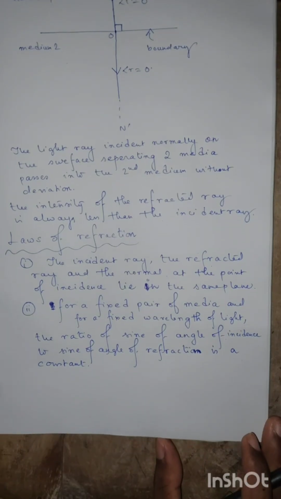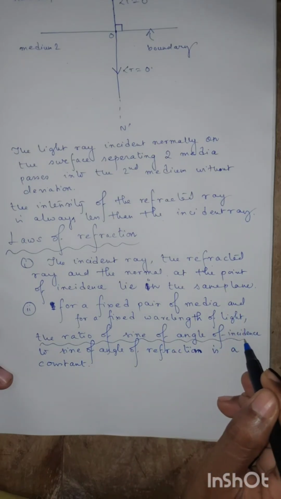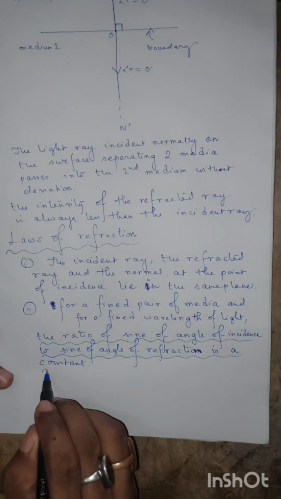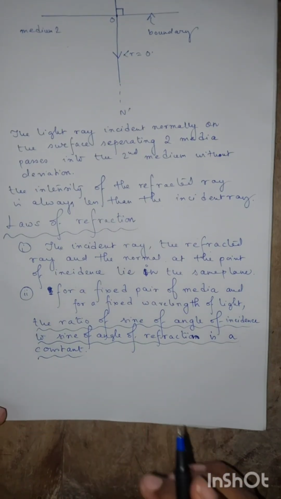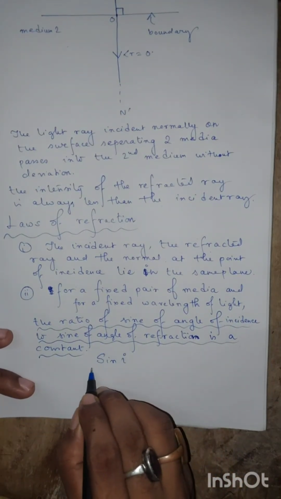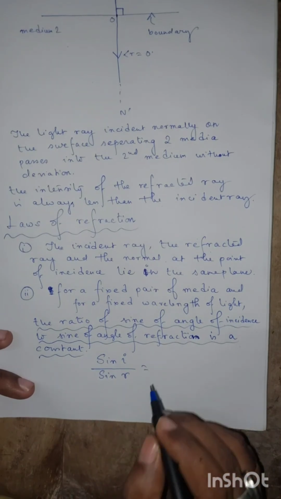Okay, the ratio of sine of angle of incidence to the sine of angle of refraction is a constant. That means sine of angle i by sine of angle r is a constant.